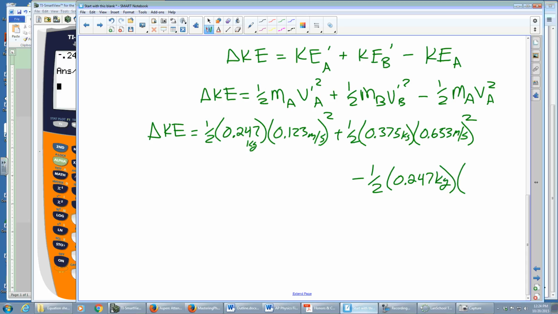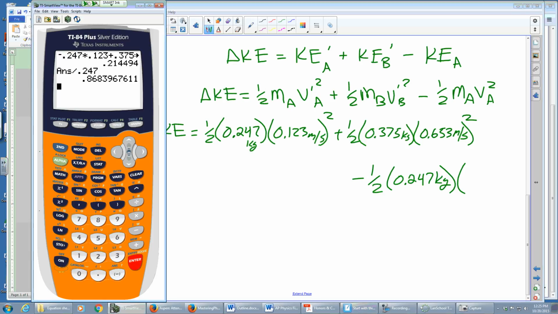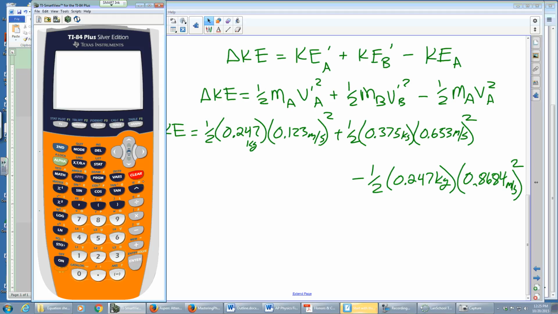Kilograms. And this is what it had beforehand, which was 0.8684, bless you, squared. And now I just do all of that in my calculator. Do you guys need me to put it in the calculator, or can you put it in your own?